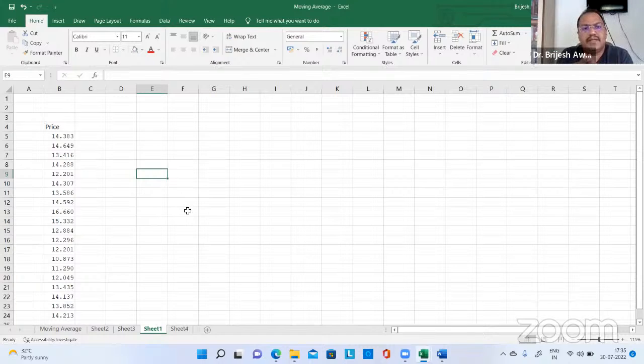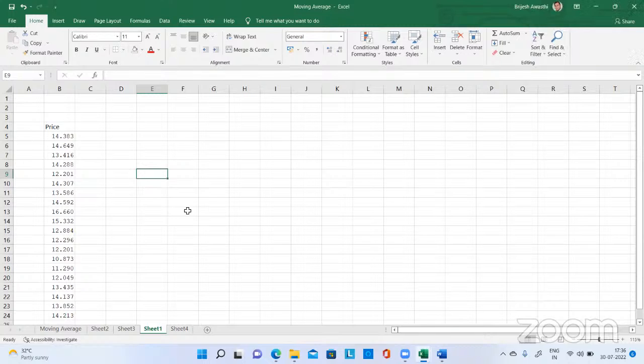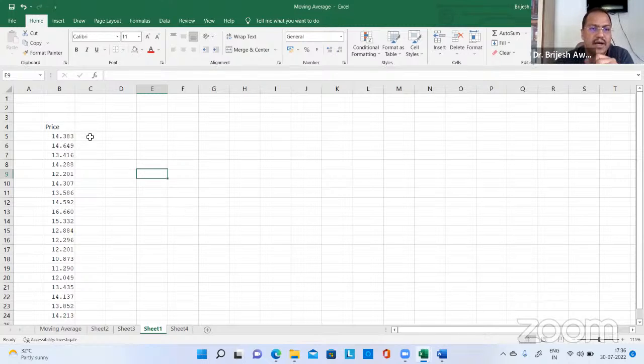Now there is one method, exponential smoothing. Yes or no? With the help of exponential smoothing, we can do forecasting. And how exponential smoothing works, I'm going to tell you using the function. Just look here.